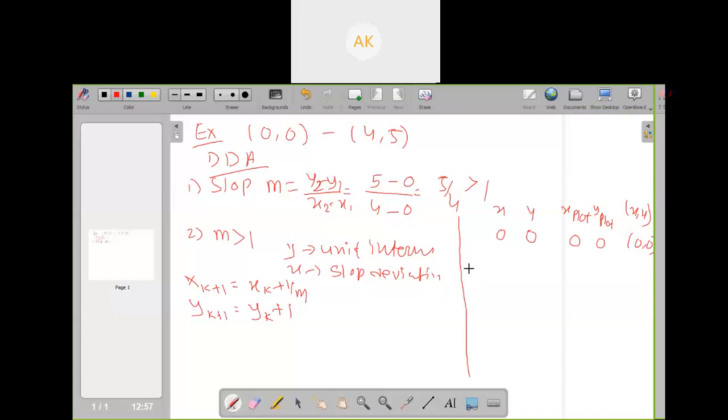The next point you will calculate by applying this formula xk plus 1 equals xk plus 1 by m. What is the value of xk? This previous point is 0, you are finding the next point.